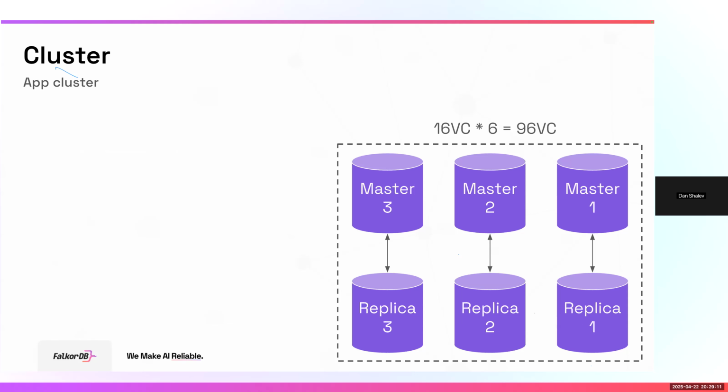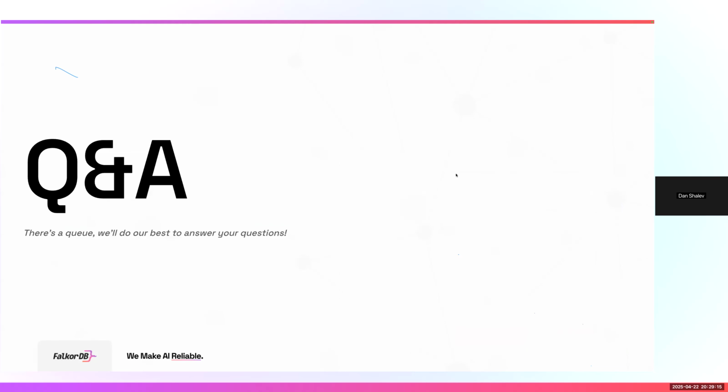The next question, Roy, is the multi-graph functionality available in our open source version? Yes, it is available. At least on that front, there's no distinction between what we have as a managed service and what is available in the open source.